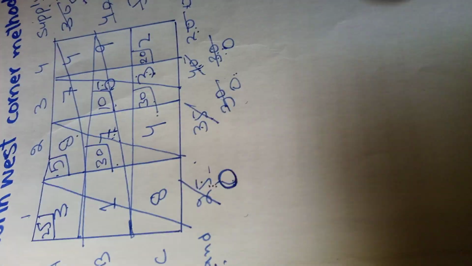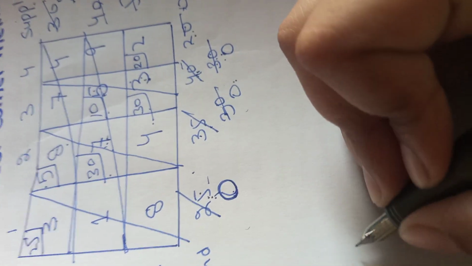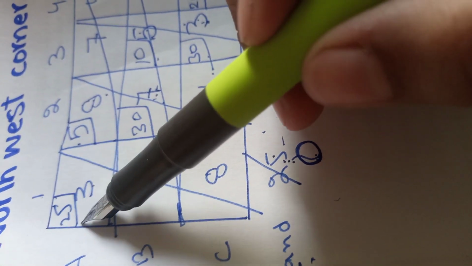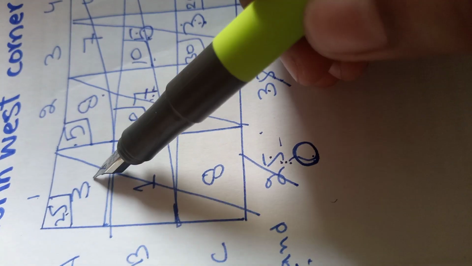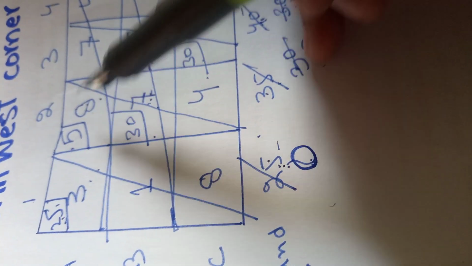To find the optimum solution from this table, we have to write like this: the number and the corresponding cost value, multiply it with the number, plus all the factors.